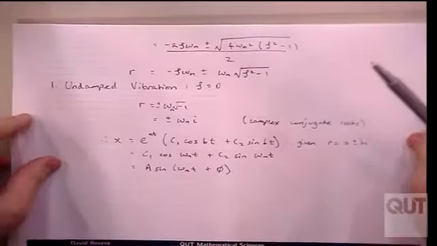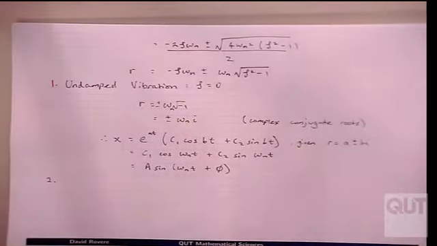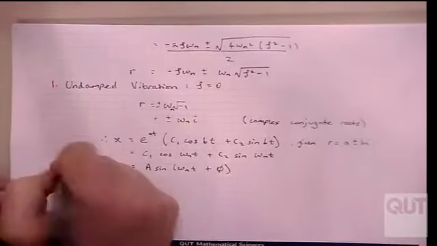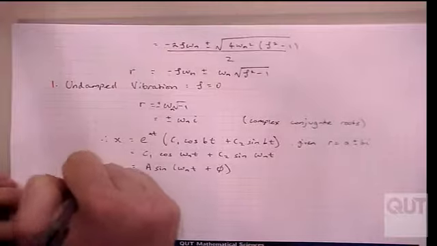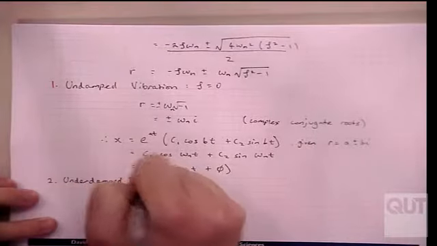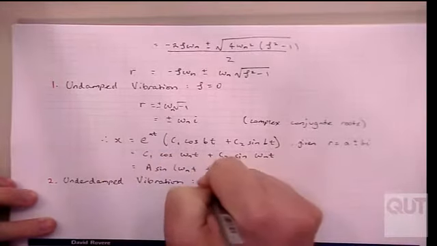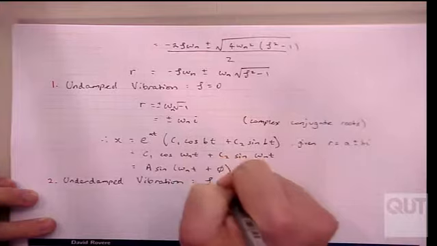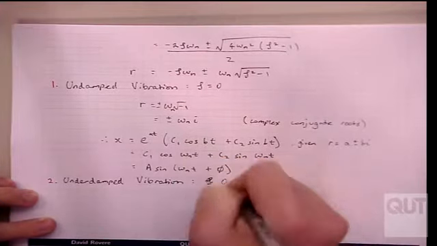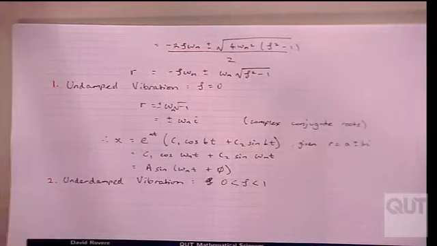So let's next look at the second case. So we have underdamped vibration. Underdamped vibration occurs when our damping ratio is somewhere between 0 and 1.